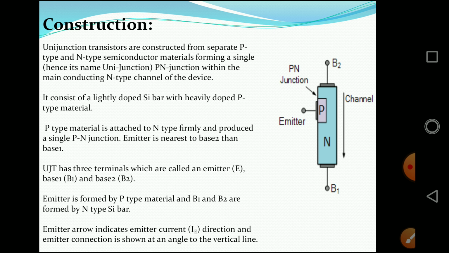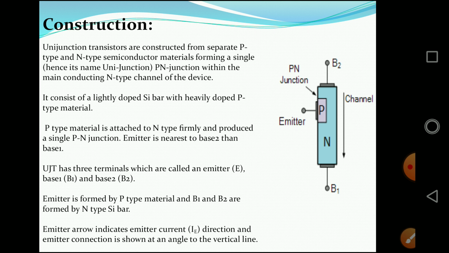Next, here the N channel gives the platform for the current to flow from B2 to B1. So that is the channel for the flow of current. Next, in the construction, it consists of a lightly doped N layer with a heavily doped P layer, and this P layer and N layer combine together to form the junction, which is called the PN junction.